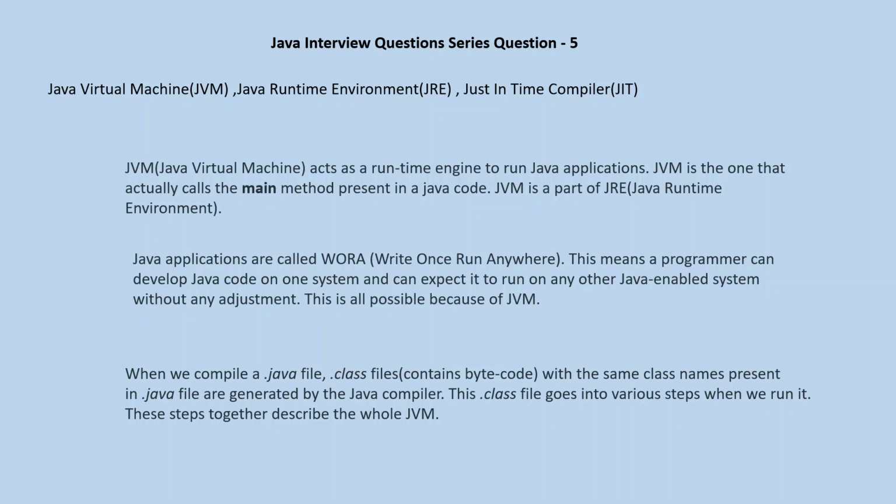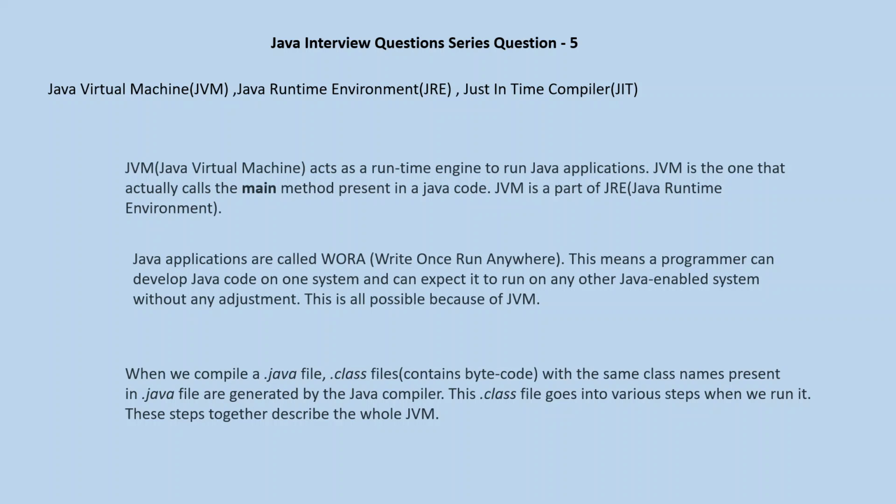When we compile a Java file, it gets converted to .class files, which contain bytecode, with the same class names present in the .java file, generated by the Java compiler. Suppose I have animal.java as my source code file. When I compile this file, the compiler will create an animal.class file.